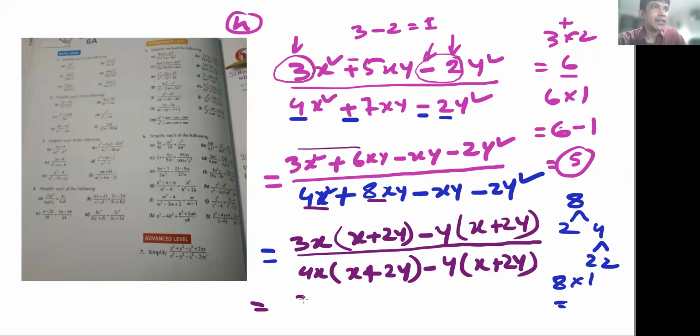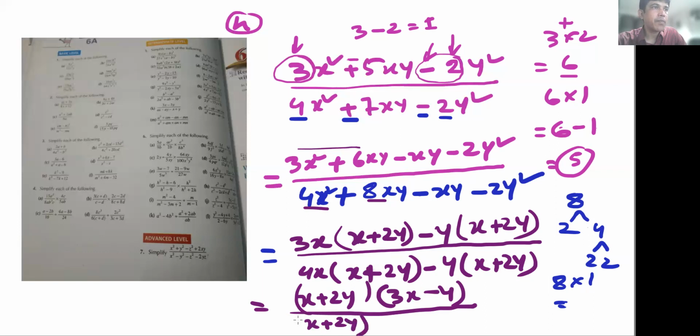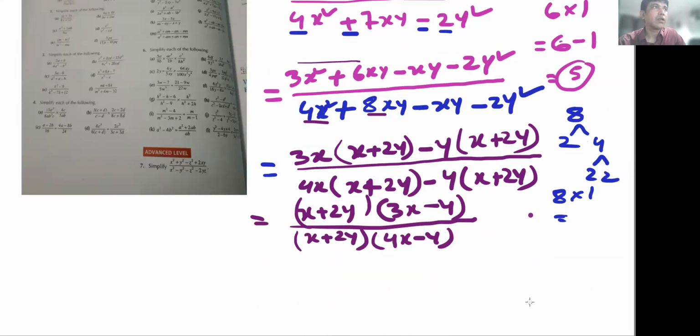So we can write (x plus 2y) as common, and it will be (3x minus y). Then we'll have (x plus 2y), then (4x minus y).